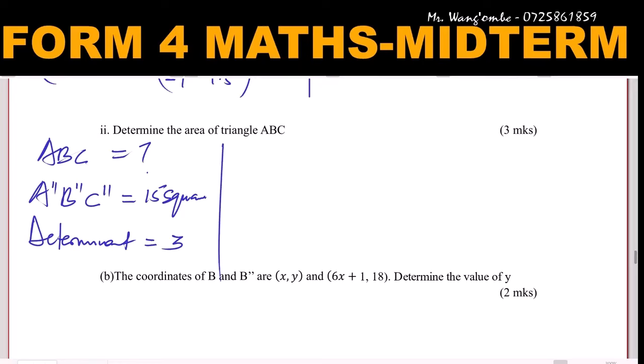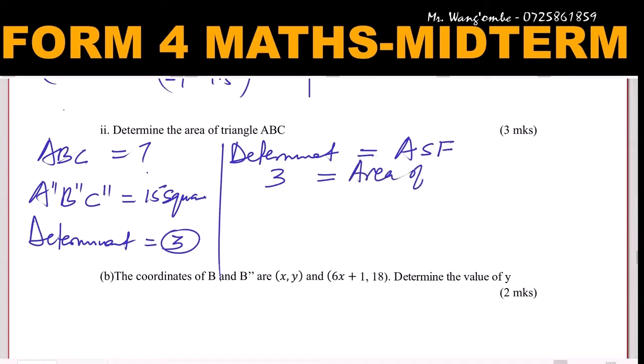The determinant of the matrix of transformation is equal to area scale factor. That is the relationship.